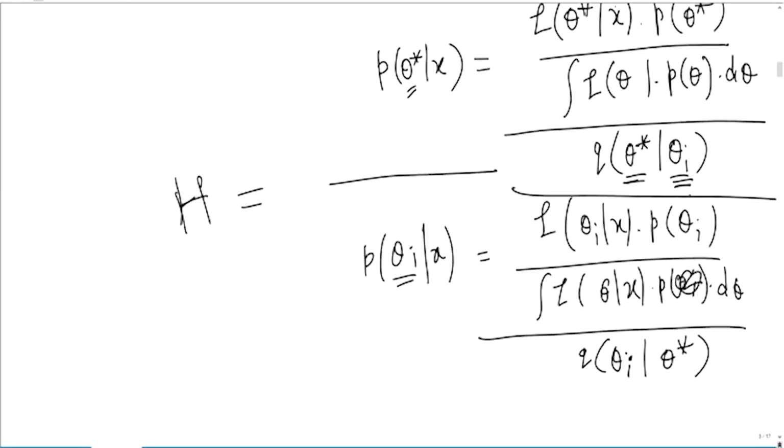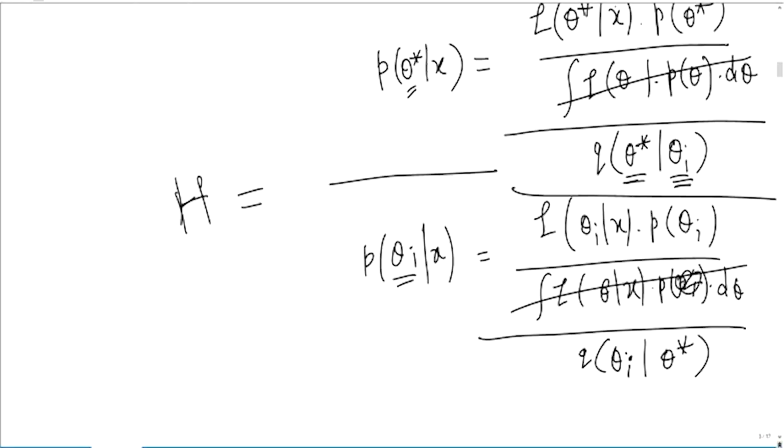So what happens when I take this ratio? When I divide this thing by this thing, this marginal likelihood term will cancel out, because it will remain the same regardless of whether your parameter value is theta star or theta I. Marginal likelihood of this model would remain a constant.